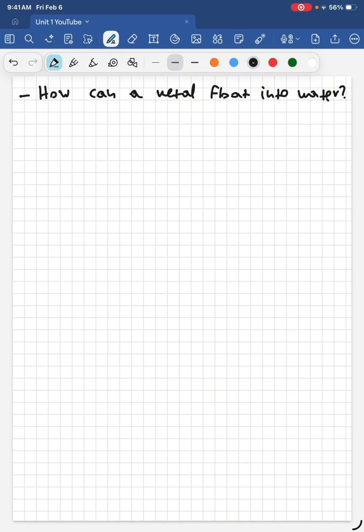So let's draw a small cube. This is a cube of some metal. This metallic cube has some mass, some density, and some volume.